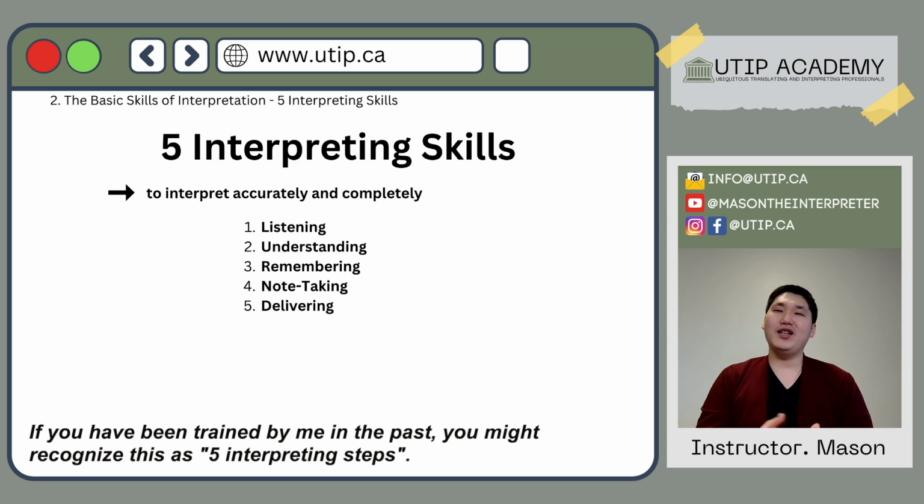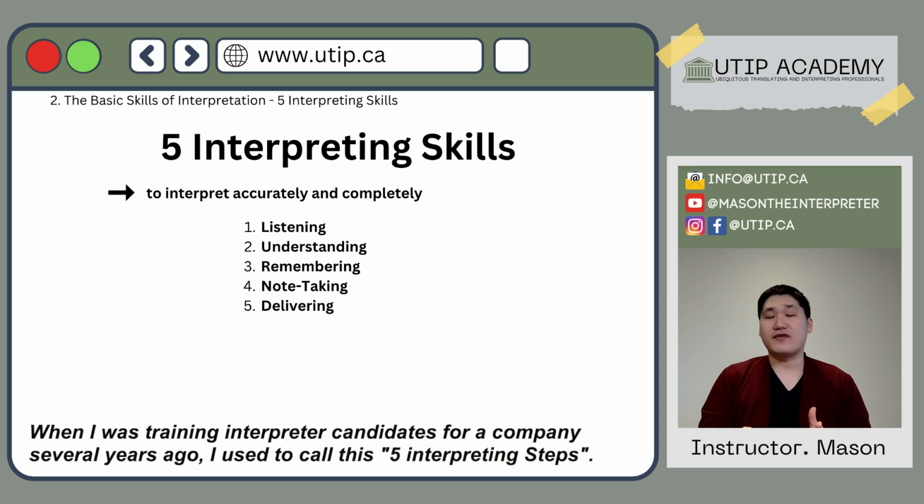If you have been trained by me in the past, you might recognize this as 5 interpreting steps. When I was training interpreter candidates for a company several years ago, I used to call this 5 interpreting steps.